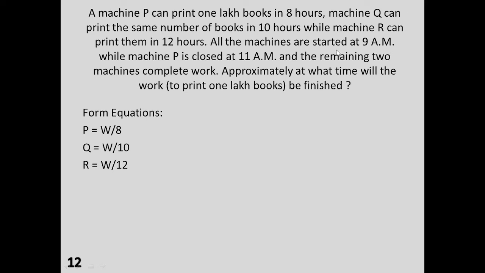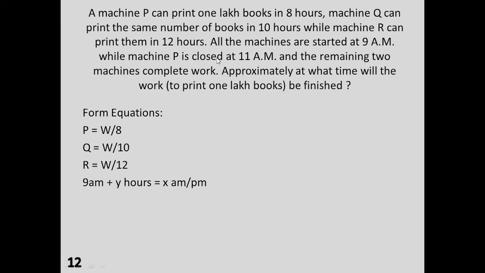Machine Q and R have worked Y hours starting from 9 am. That means we can write it like 9 am plus Y hours is equal to X am or pm, which we have to find. Approximately at what time will the work be finished? We need to find X.